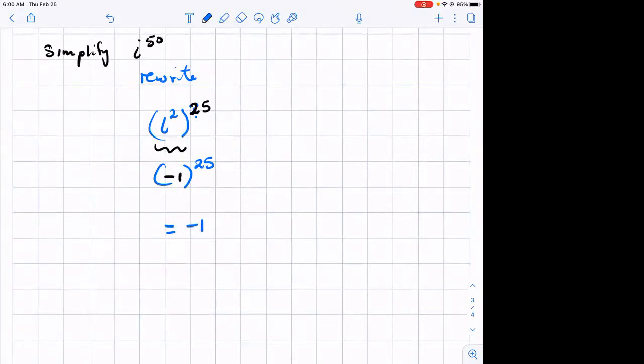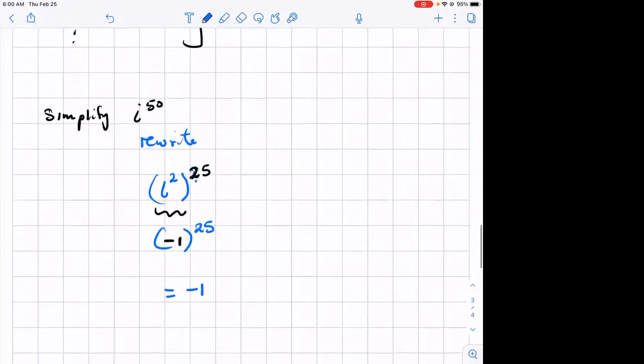So first thing to note: if the power is even, then I could just write i squared raised to some number. But if the power is odd, it's not divisible by 2, and I'll put a side-by-side working here.